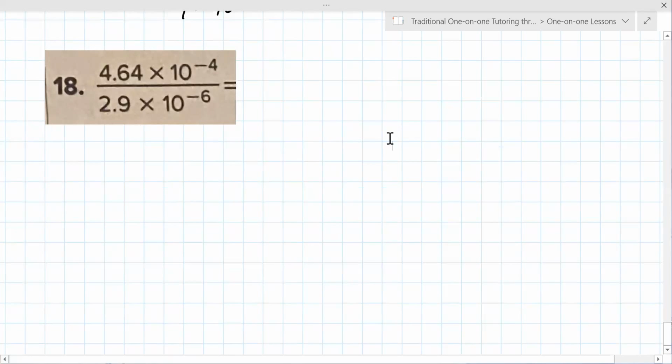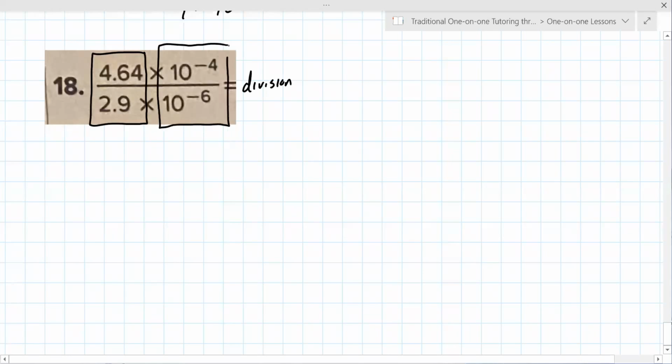Okay, 18. So do you see this big fraction bar here? Yeah. So you're doing division. And you do this part that I've boxed in, then you do the next part. Okay. So you said you have a calculator. I want you to divide 4.64 by 2.9. Do you see my screen?